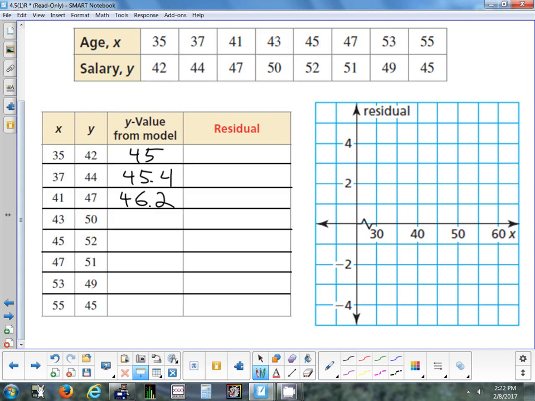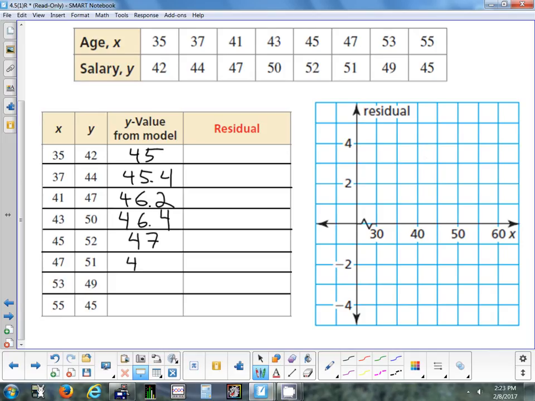Okay, so as I walked around, most people got the first 3 y values. Can somebody give me the next y value from the model? 46.4. Yep. How about the next one? This one comes out nice. 47. Yep. How about the next one?